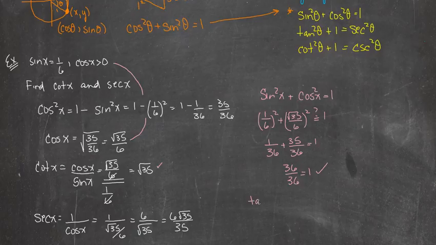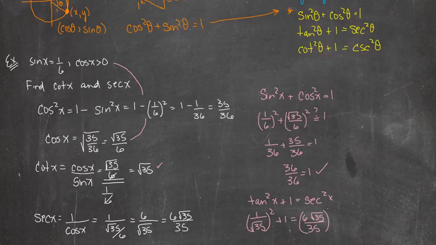If I use tan squared, let's keep our variables consistent. If I use tan squared of x plus 1 equals secant squared, right? So I can use cotan, which is the inverse of tan, right? I can use this cotan, and I can say 1 over root 35 squared plus 1 equals secant squared. Well, here's my secant, 6 root 35 over 35 squared.